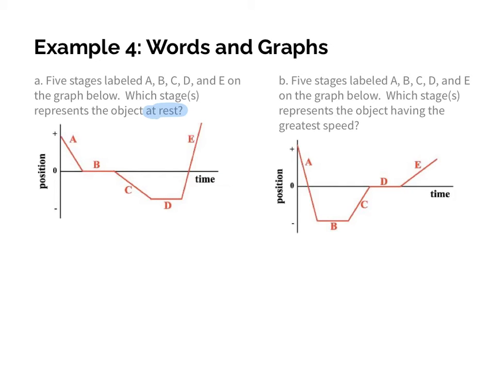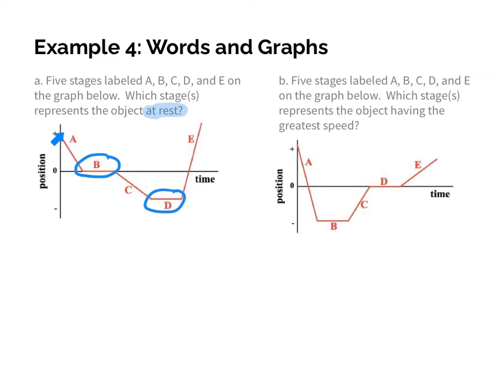Okay? So what does that mean on a graph if an object is not moving? Not moving means that its position, where it's located, should not change. So where on this graph does it show an object's position staying the same as time moves on? And you should hopefully see that in B and D, those are showing an object being at rest.